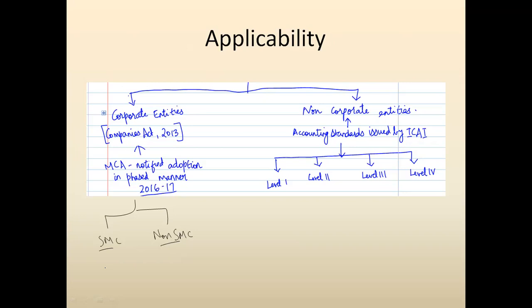Depending on that, they would belong to an SMC or non-SMC, and the applicability of the accounting standards, to what extent the standards are applicable and whether any exemptions are available, would differ. Similarly, non-corporate entities have been bifurcated into four levels based on certain criteria, be it turnover and so on. Maybe regarding this, we can have a separate lecture.